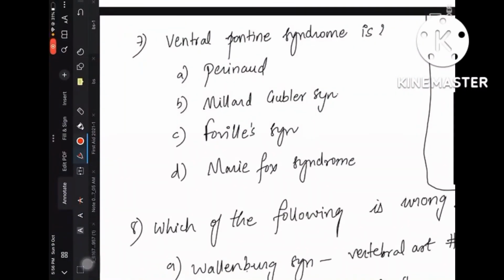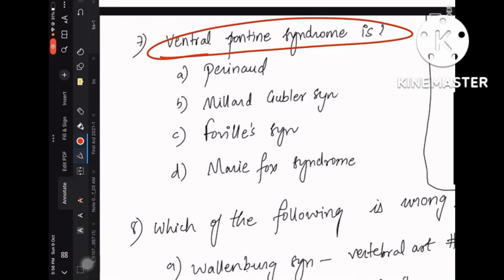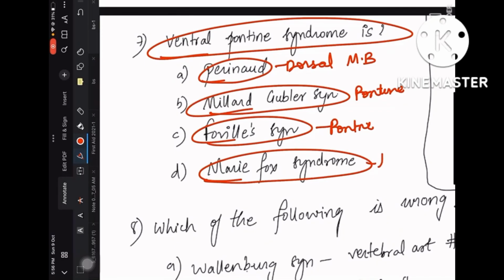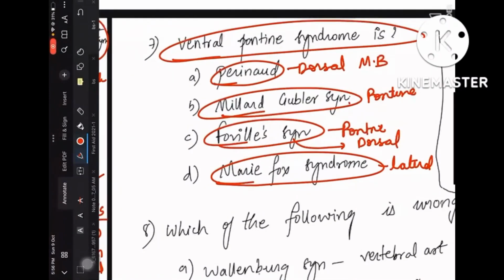Ventral pontine syndrome is what among these? Parinaud syndrome is dorsal midbrain syndrome. Millard-Gubler is a pontine syndrome. Foville syndrome is also a pontine syndrome, and Marie-Foix is also. But Marie-Foix is lateral pontine syndrome, Foville is dorsal pontine syndrome, and Millard-Gubler is ventral.